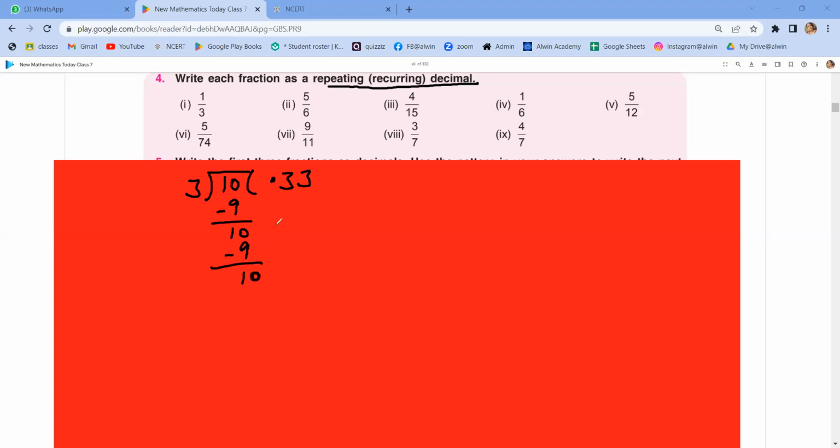Now 3 times 3 is 9 again. You subtract it, you get 1 again. So I'm stuck in a loop, right? So how to write this as a repeating decimal? I'll write this as 0.3, either with a dot, or I can write it as 0.3 bar. Got it or not, बच्चे लोग? Clear?